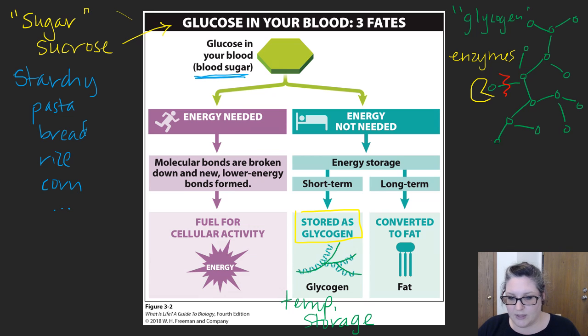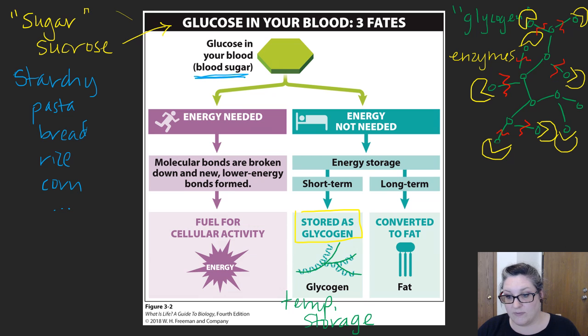Now, there's not just one enzyme, there's lots of copies of the same enzyme that breaks down this glycogen into glucose. I'm trying to stay on screen here. And they can all do it at once, and all break those bonds and get that glucose, and then use the glucose for whatever process it needs to be used for.